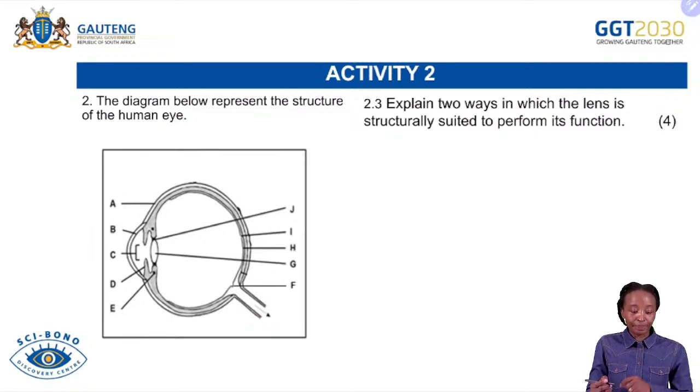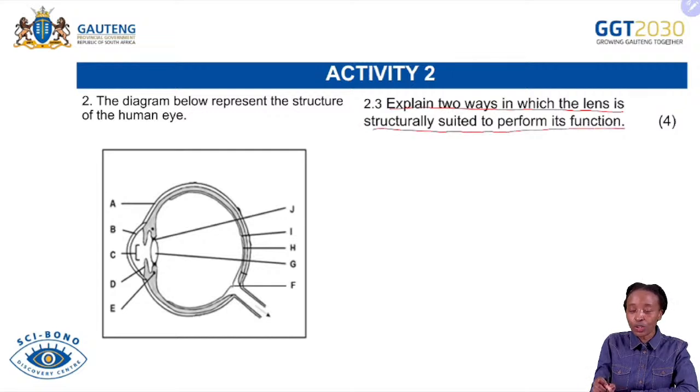Then moving on, the diagram below represents the structure of the human eye. Still a continuation of the question that we did before. So here now the question says, explain 2 ways in which the lens is structurally suited to perform its function. How is the lens structurally suited to perform its function?